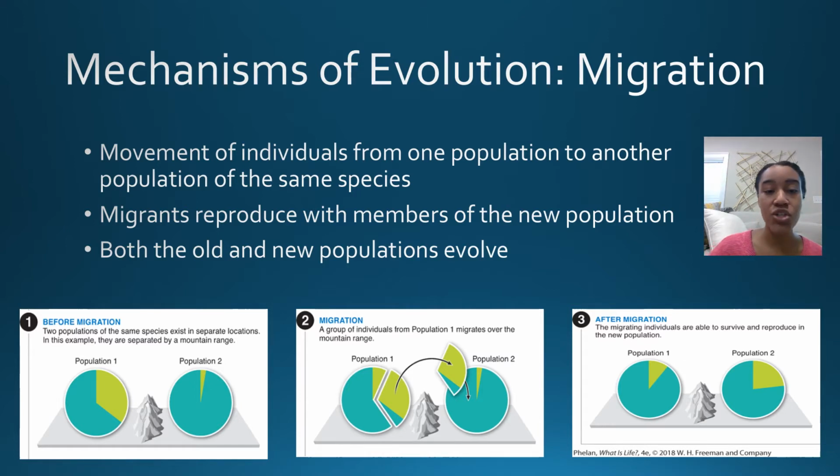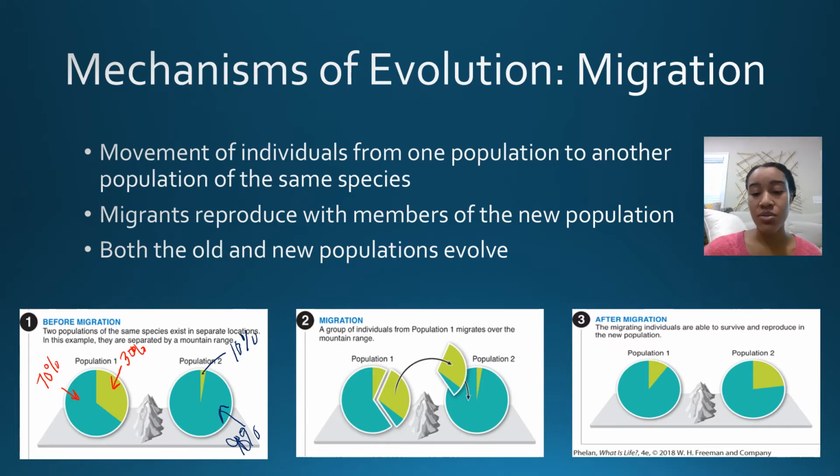In population A, approximately 70% of our buffalo have the trait that codes for dark brown fur, and 30% possess the trait for light brown hair. However, in our second population on the right side of the mountain range, 90% of the population express the trait for dark brown hair, and only 10% have the trait for light brown hair.